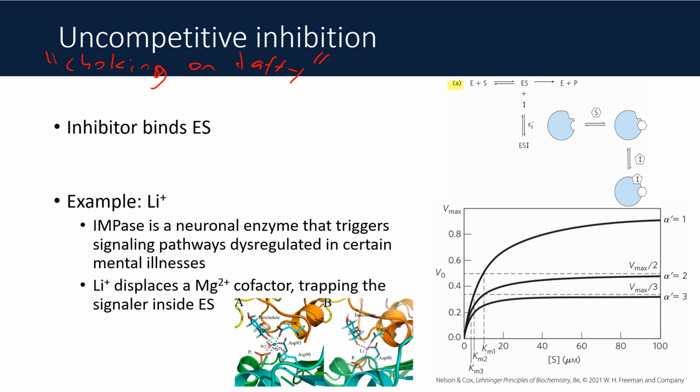We have our inhibitor I, and it's going to reversibly associate with the enzyme substrate complex, not the enzyme, not a back door, but it's going to glue together the enzyme and substrate within the active site. So this is another form of reversible inhibition.